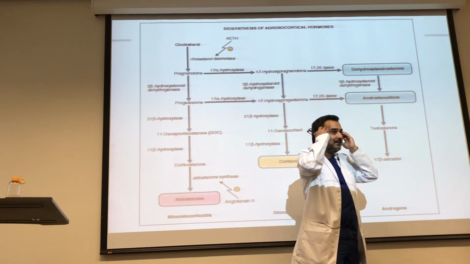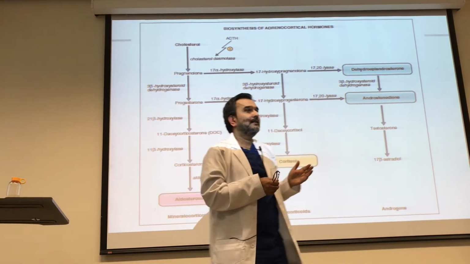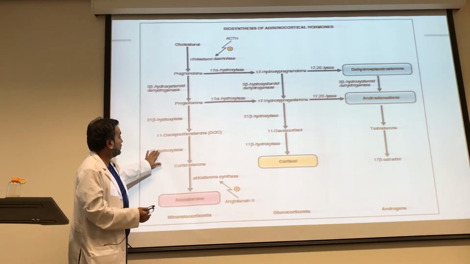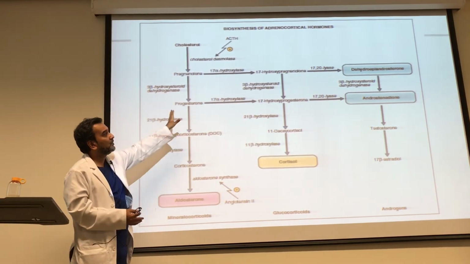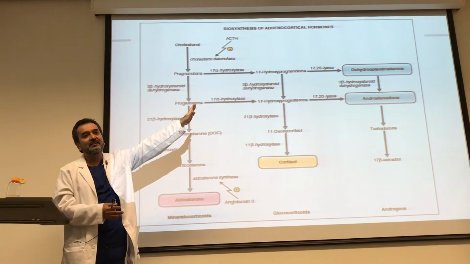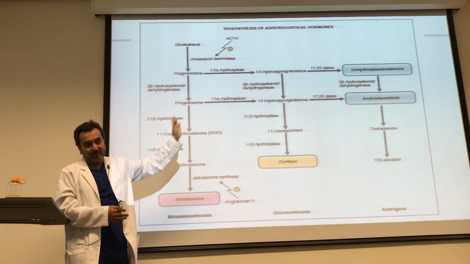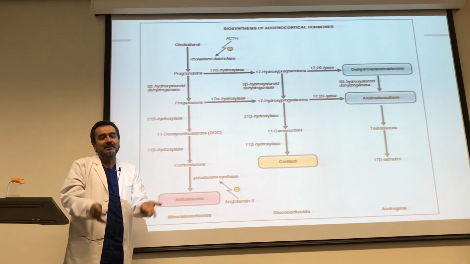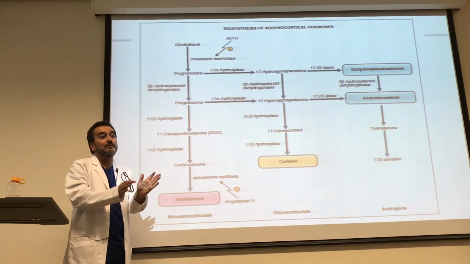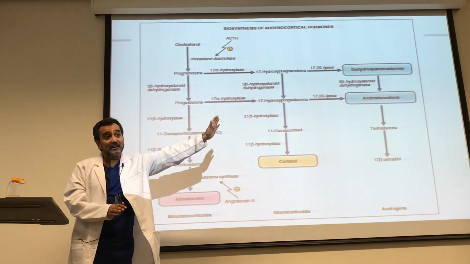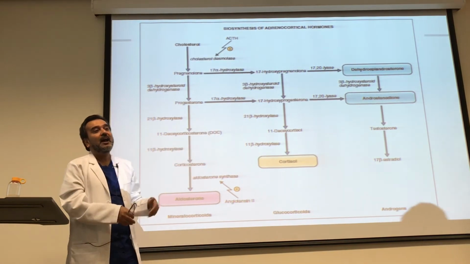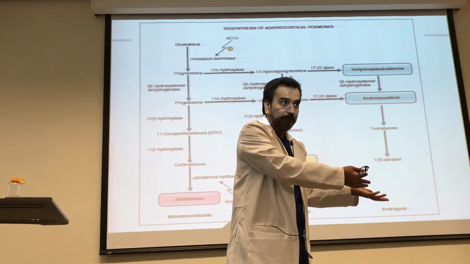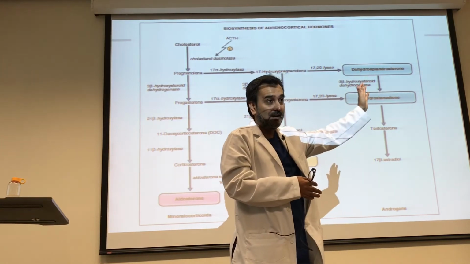So if you think, you would understand that if you have the deficiency of these enzymes, you would have more androgenic effect in females, because you have more androgens produced. Males would not have more effect because they already produce testosterone. But if you have more of androgenic hormones produced, you would have hirsutism and virilization within females because you are producing more androgens.